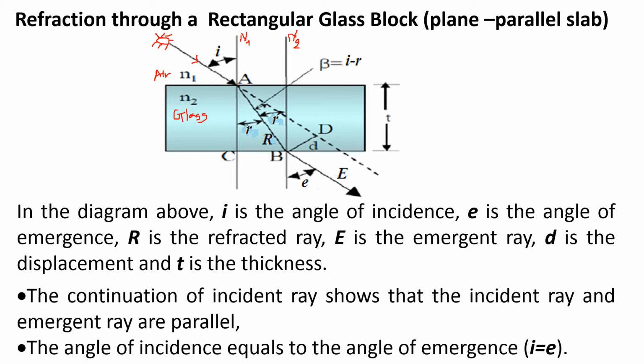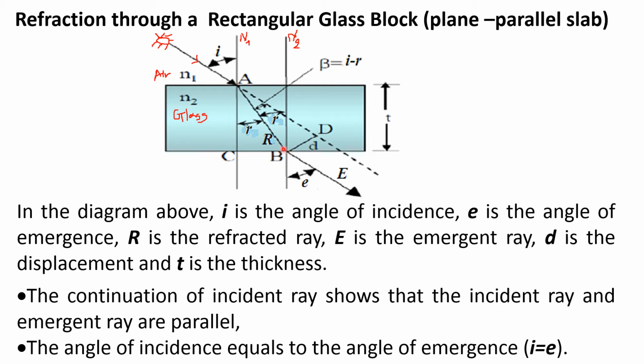And then this light ray is refracted by approaching the normal, and here we have the refracted ray R. This refracted ray becomes the incident ray to the second point of incidence B, meaning the second incident ray to normal 2. Then here the light will leave the glass and enter air.